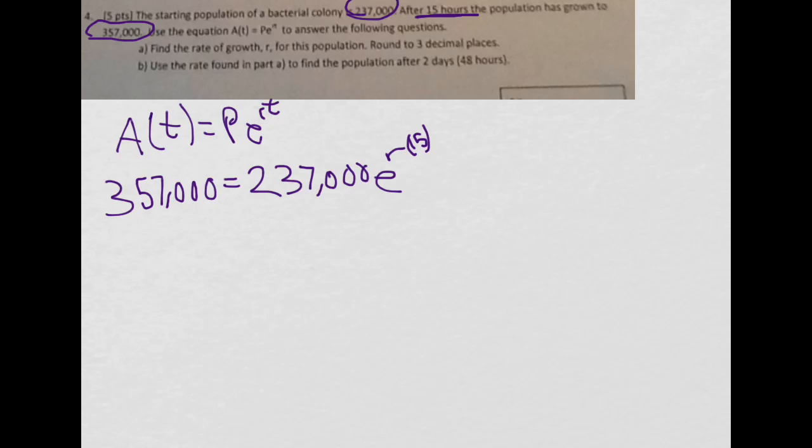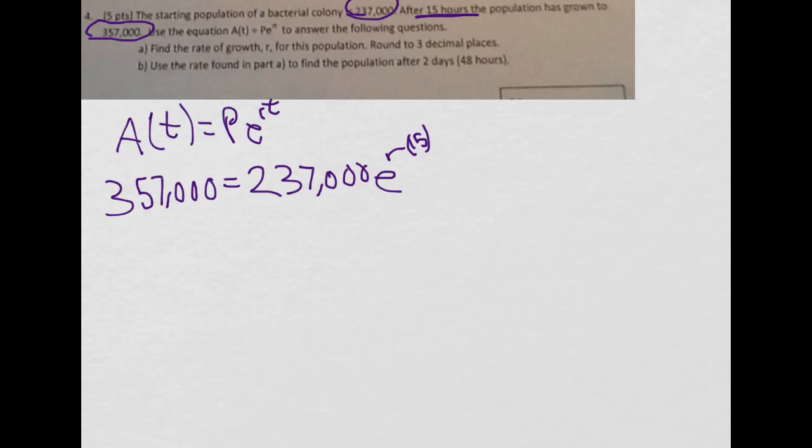So I have an equation here. Notice the variable I'm trying to solve for, R, is stuck up in the exponent right now, and that's why we need logs. That's what we use them for. We can get that variable down. So in order to use a log, first thing we want to do is simplify this equation a little bit.